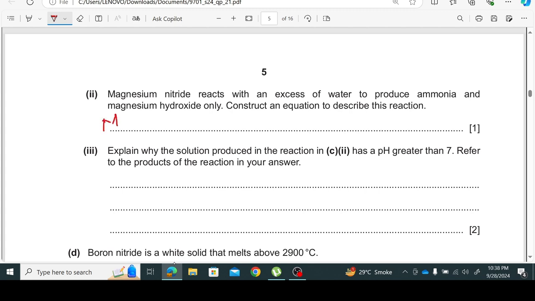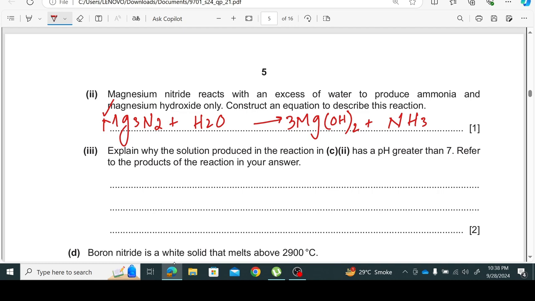So you have Mg3N2, magnesium nitride, reacts with water, and he is telling you the products: ammonia and magnesium hydroxide. One of the products is ammonia gas and the other is magnesium hydroxide. You know magnesium is a group 2 member, hydroxide overall carries negative 1 charge, so you have to put 2 here. 3 magnesiums are here, so you have to put 3 magnesiums here.